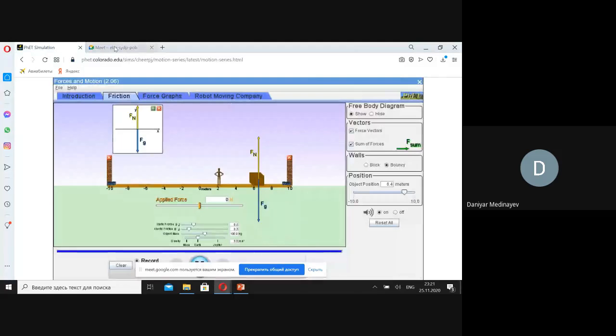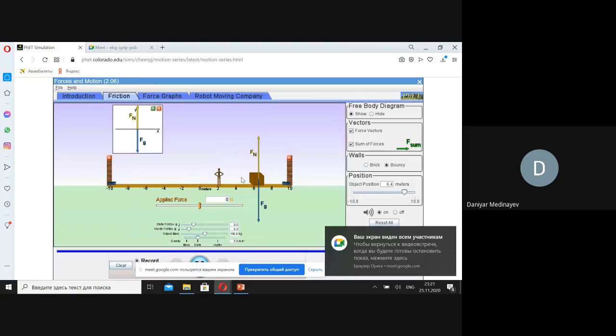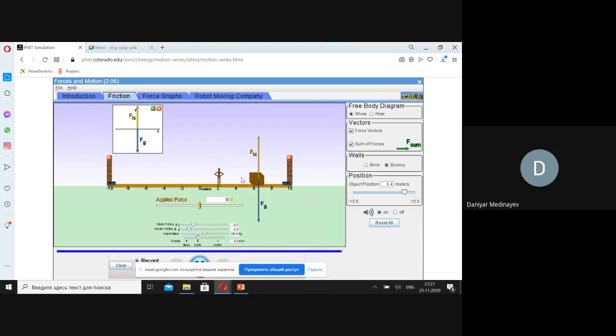So, in just a second, I need to change my presentation. As you can see here, given the free body diagram for the object, right now only two forces are acting on this box: gravitational force and normal reaction force.